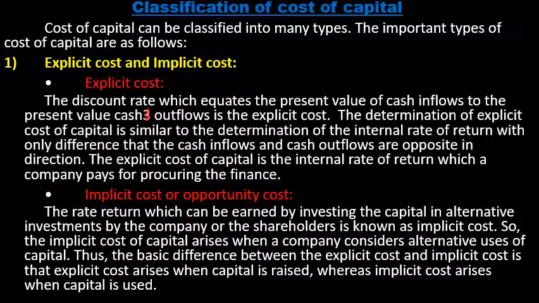So the determination of explicit cost of capital, meaning the rate of return under explicit cost, is similar to the internal rate of return. The only difference is that the cash inflows and cash outflows are opposite in direction. If there is an increase in cash inflow, outflow will decrease, and if cash inflow decreases, outflow will increase.